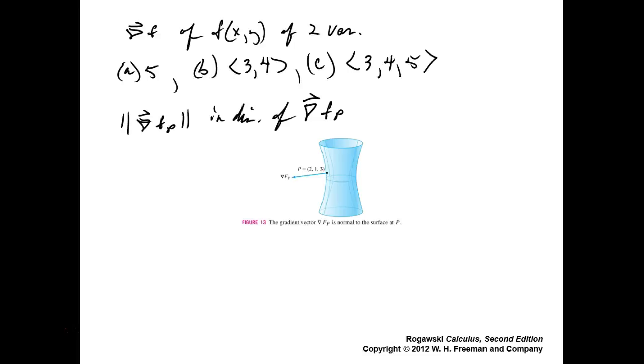I'm guessing they want the first and the third maybe. Del f points in the direction of maximum rate of increase and is normal to the level curve. That's what they want.